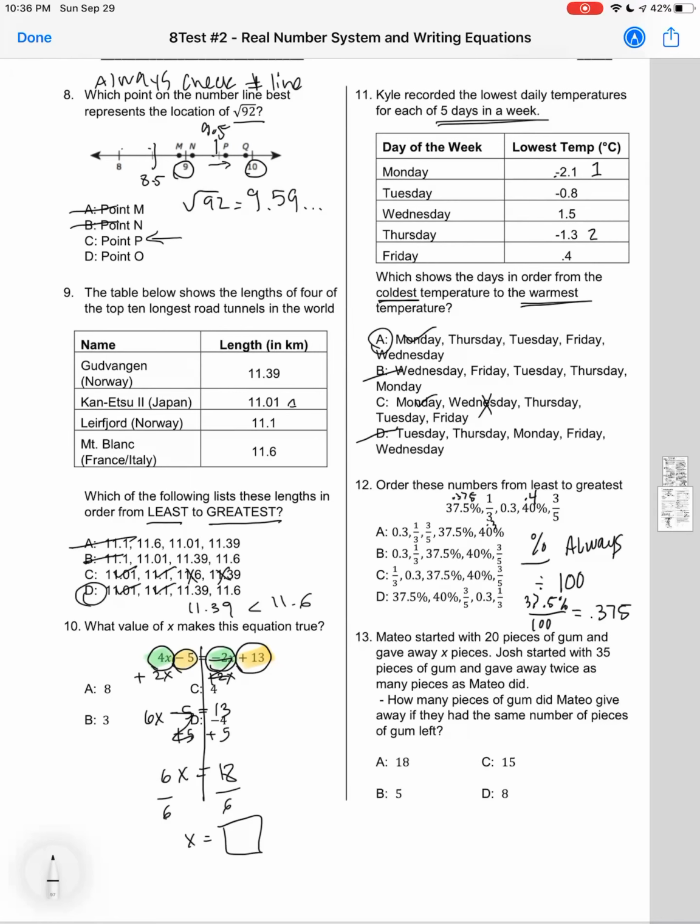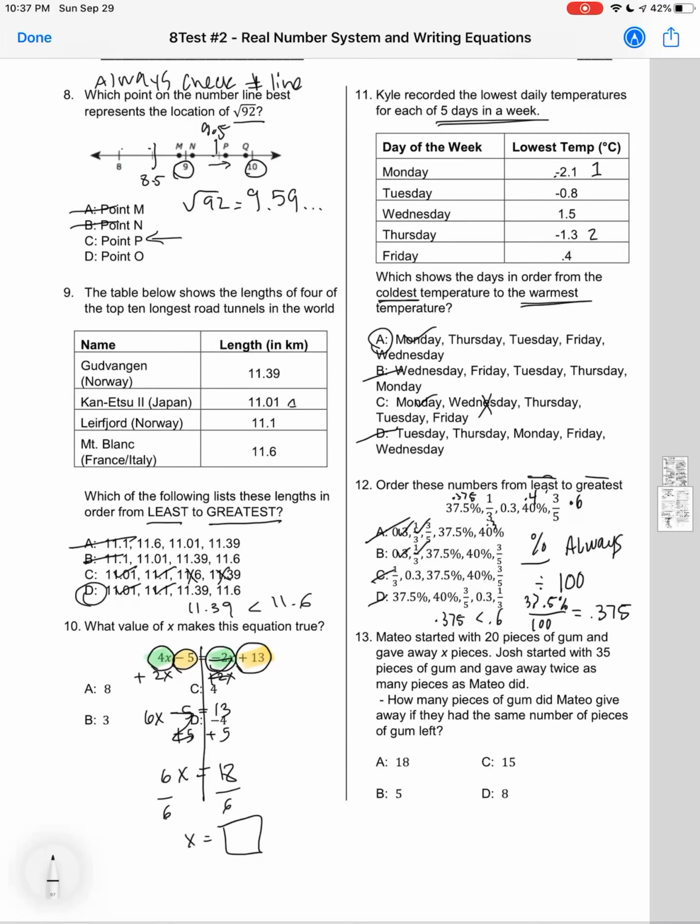This would be 0.3, and 3/5 would be 0.6. So 0.3 is our smallest, so we can already eliminate those. We have here and here, and then least to greatest. We have to decide between 3/5 and 0.375, but 0.375 is less than 0.6. There we go.